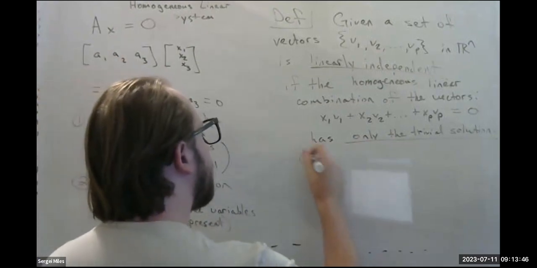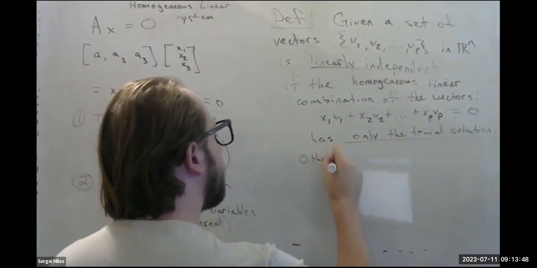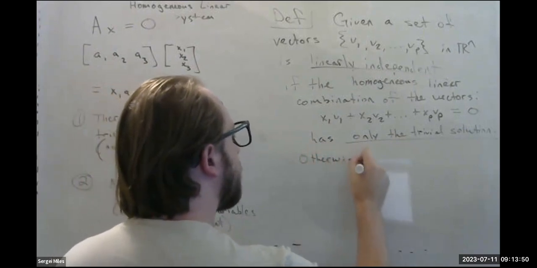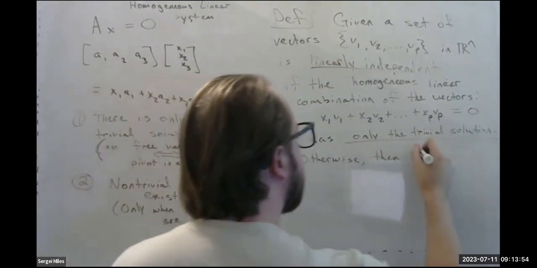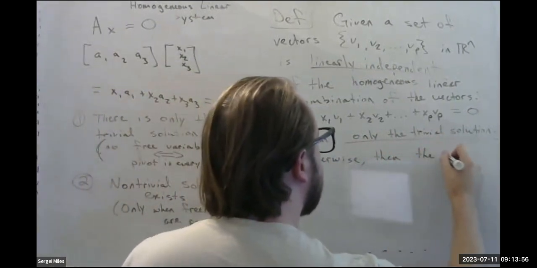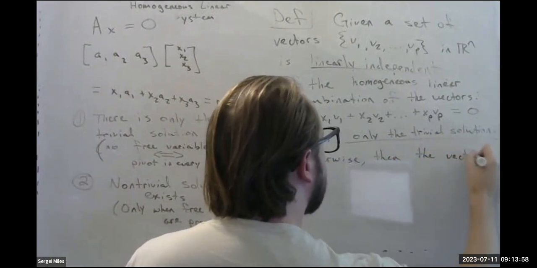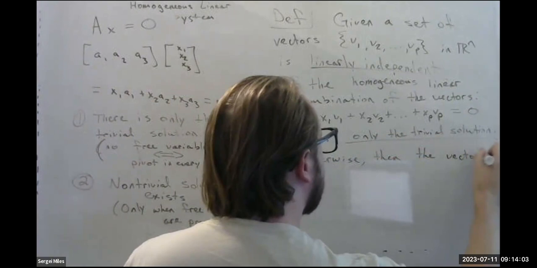So otherwise, if this does not happen, then the set of vectors is called dependent.